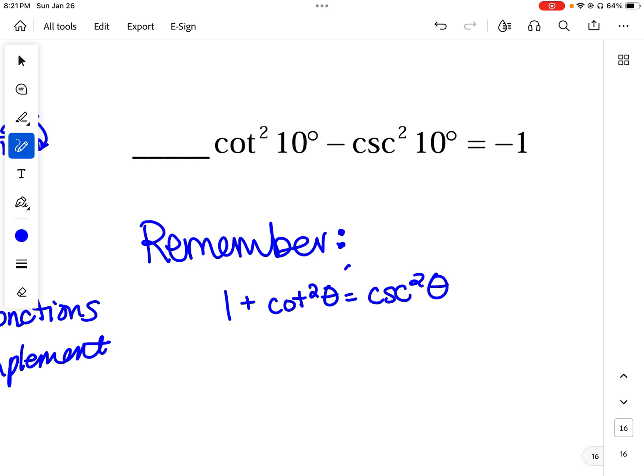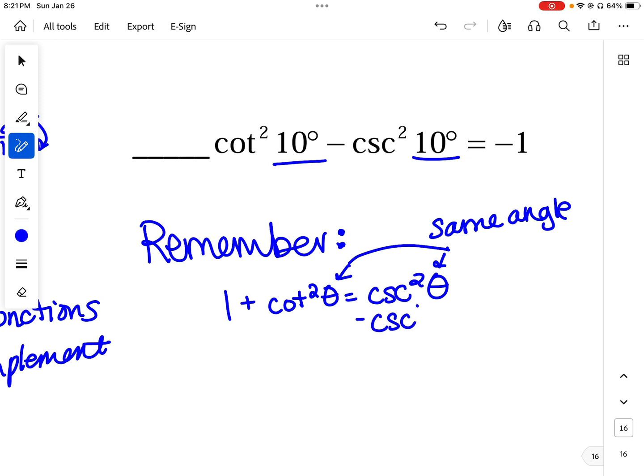Okay, so these are the same angle. Theta can be any angle. So in this case, it's 10 degrees. Okay, so let's see how they rearranged this. I could do this.